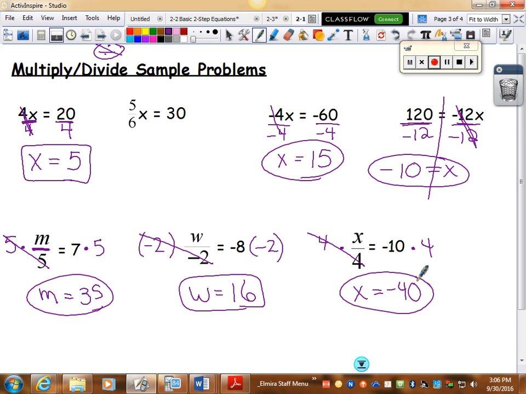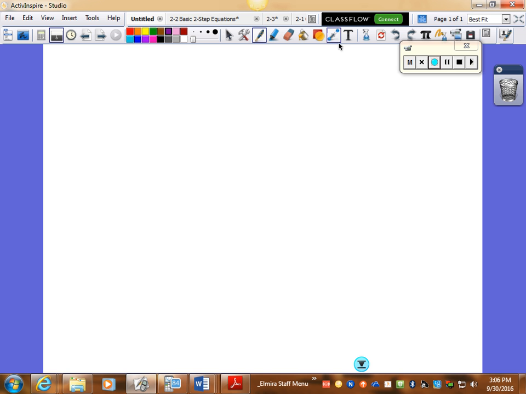Okay, let's go talk about that fraction for a minute. If I had 30 divided by 30, we could all agree that that would be 1. And 1 times anything equals itself. So if I have 5/6, I want to cancel that coefficient and make a 1 so that I can get just x by itself.